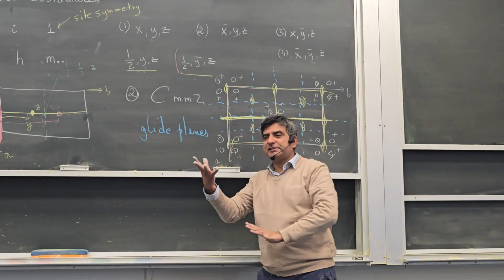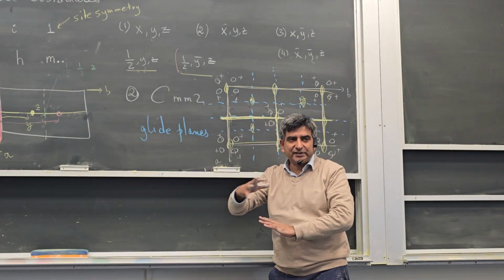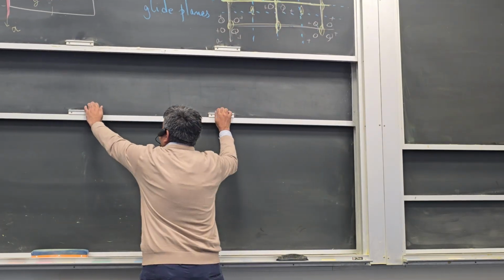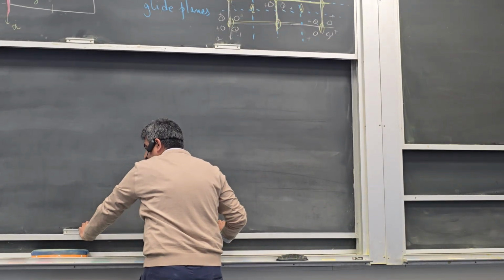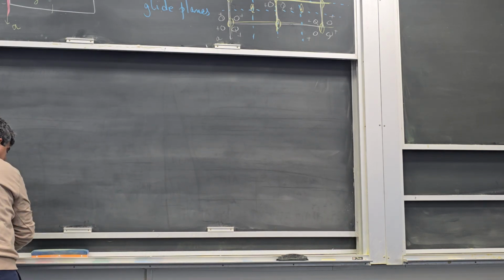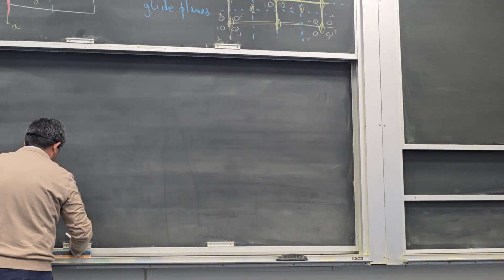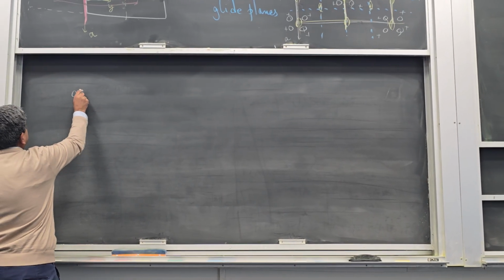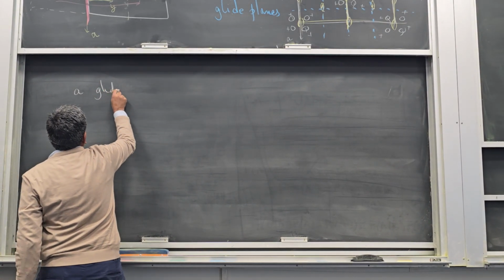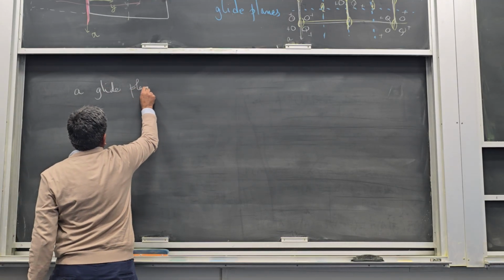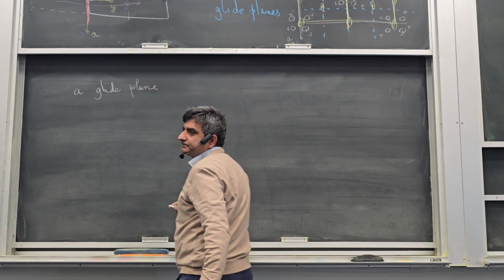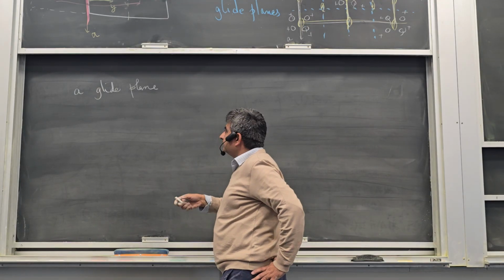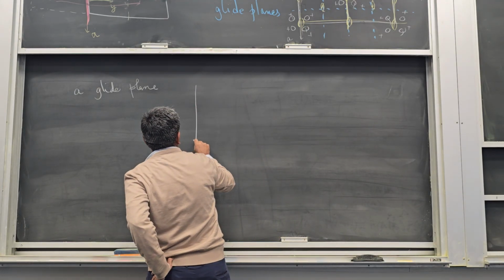But there are additional symmetry elements when you consider space groups. There are additional symmetry elements. They could be glide planes. Glide planes mean that you can have, say, an A glide plane, which really means that you have, so this is my A-axis.